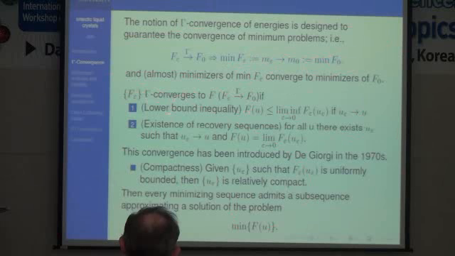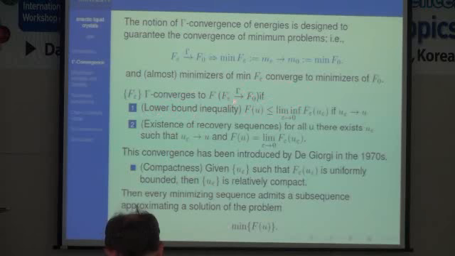In order to prove this, we need two inequalities. First, the lower bound inequality. That means whatever sequence you choose to approximate u, the function value in the limit has to be larger than f of u. And the upper bound says this inequality has to be sharp.